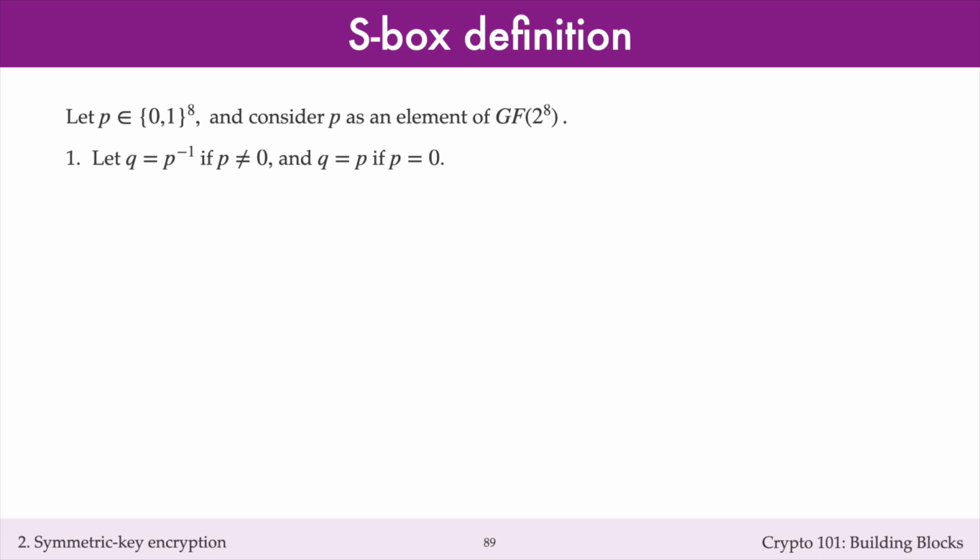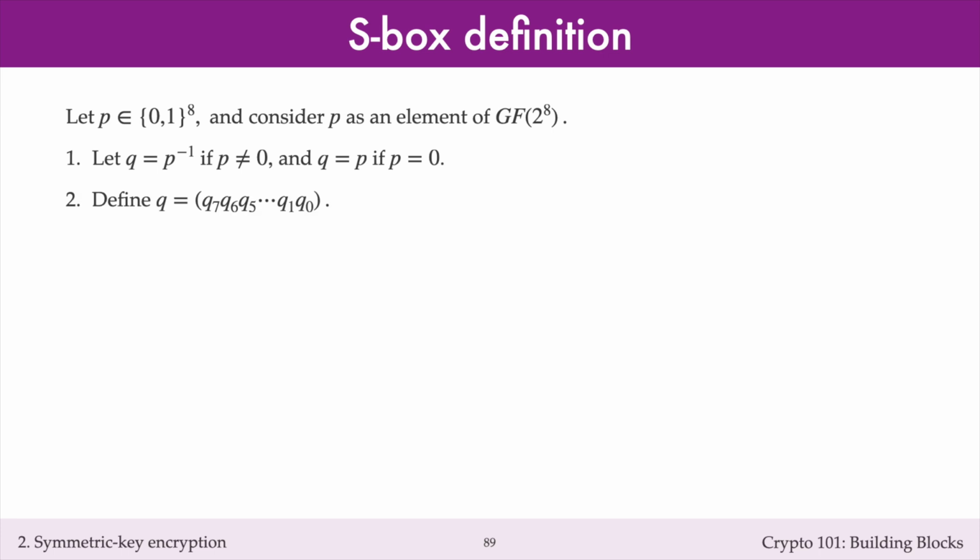So the element in GF(2^8), which when multiplied by P equals 1. If P is 0, we just define Q to equal P. The inverse function is used in the S-box because it is a nonlinear function. Its algebraic properties can be used to ensure that AES has certain desirable security properties.